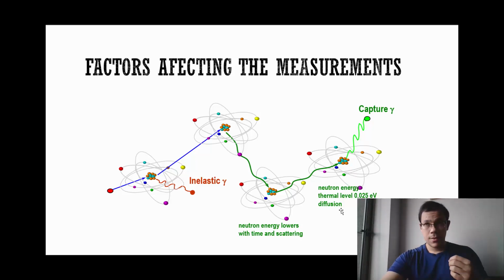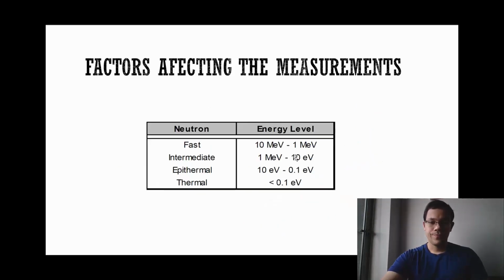But what is really being measured by the tool is a count rate associated with neutrons at a thermal energy level, which is everything less than 0.1 electron volts.